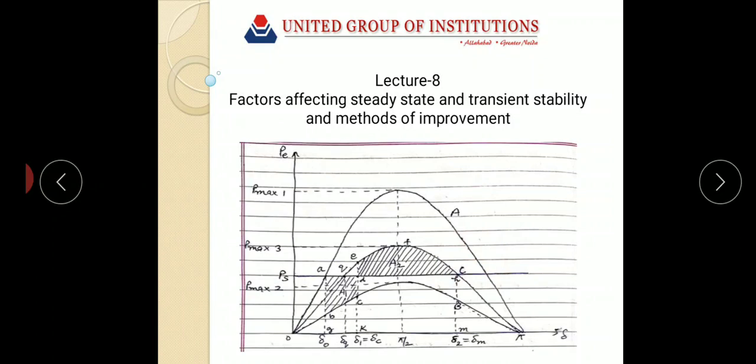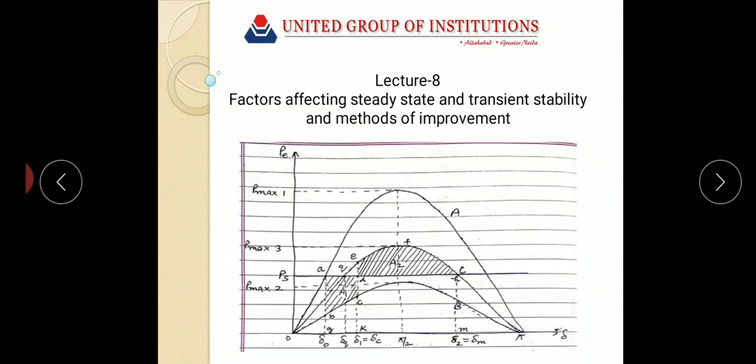So three different power angle curves. Curve A is called the pre-fault curve, curve B is called the fault duration curve, and curve C is called the post-fault curve. And as you all know, the condition of stability is that area A1 is equal to area A2, or area A1 is less than area A2.